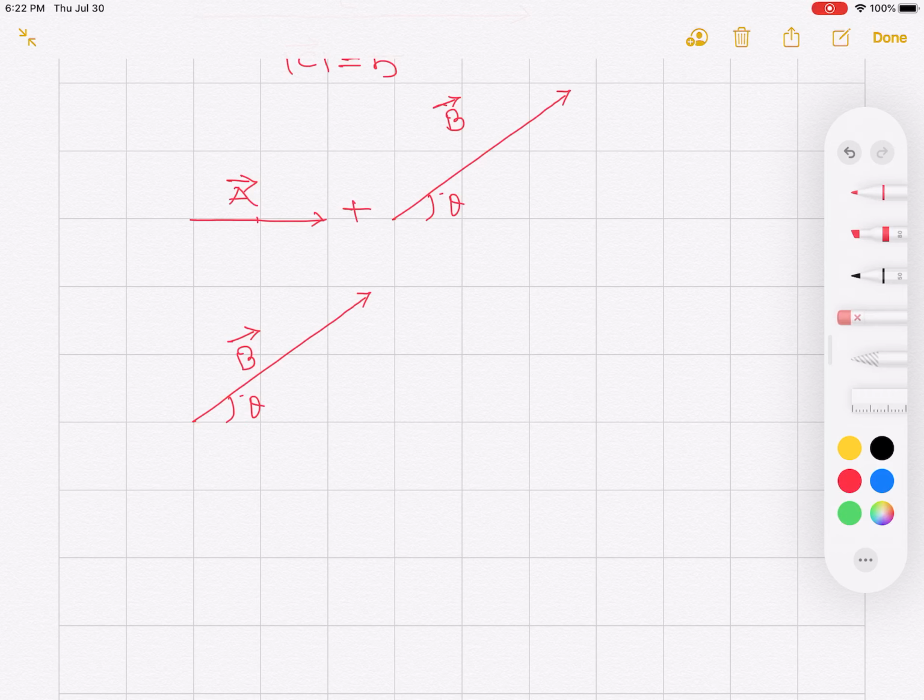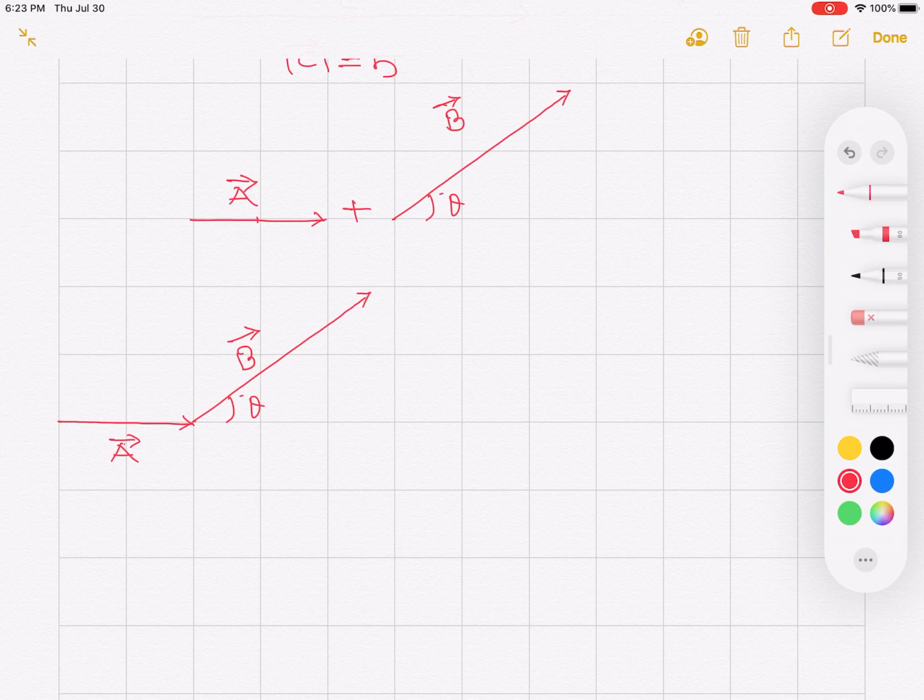Okay, so I need to put the other vector like this, this is vector A. Remember, one vector should be at the tip of another vector, because we are going to add.